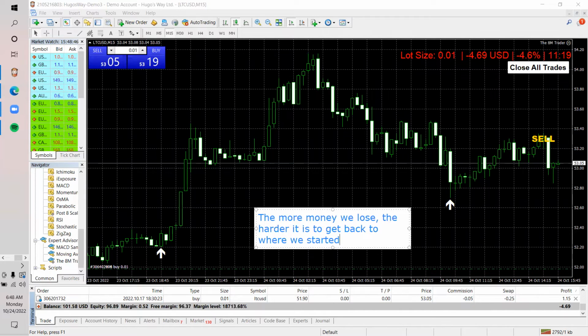Now, there are different interpretations to losing money, but in the matter of speaking, it is hard to get back to where we started once that happens, especially in Forex trading. So the reason we're so obsessed with avoiding these losses is because it's hard to get back to where we started when that happens.